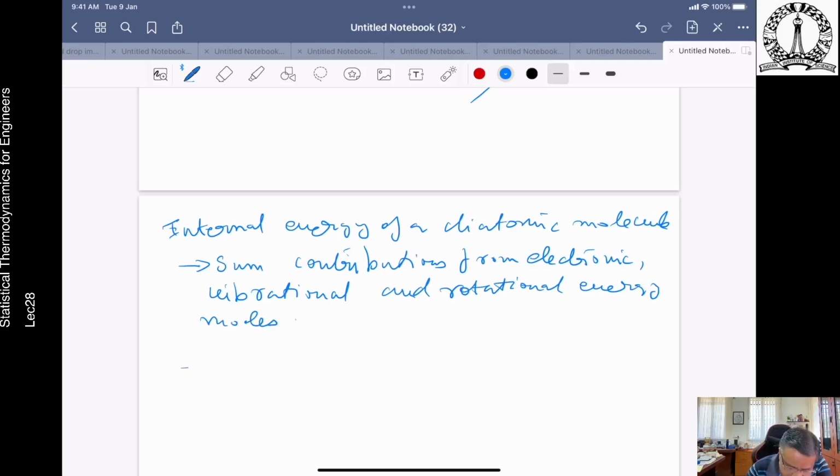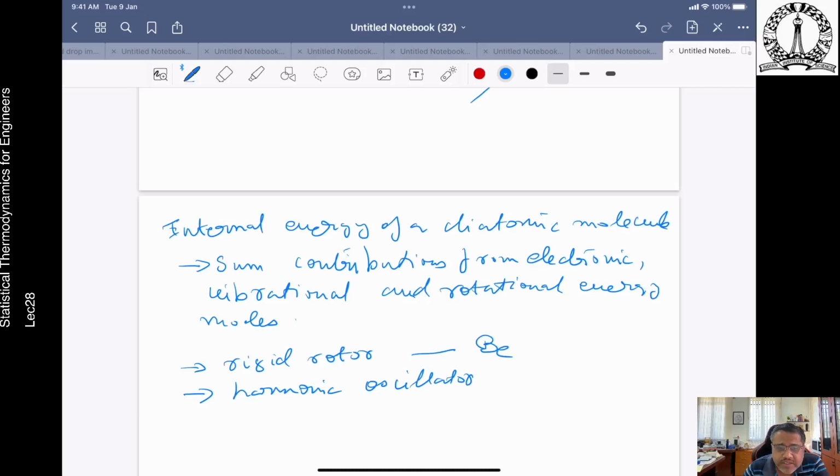This time our assumptions were rigid rotor and harmonic oscillator. For the rigid rotor it was BE, and this was omega E. So these are the rotational and vibrational parameters.